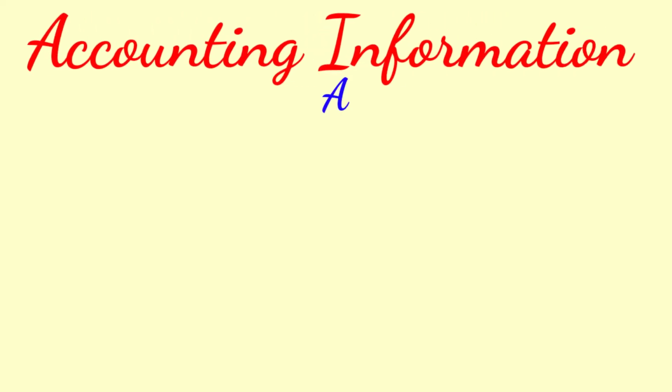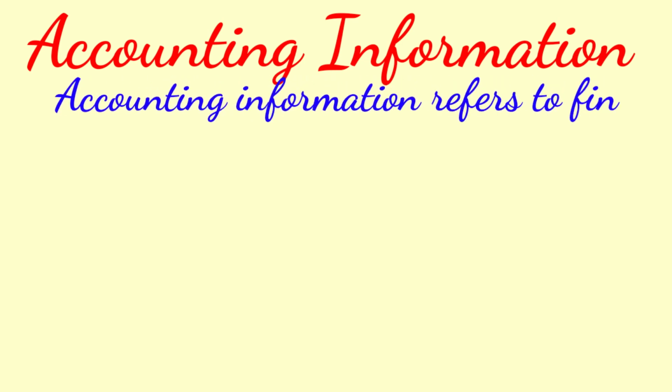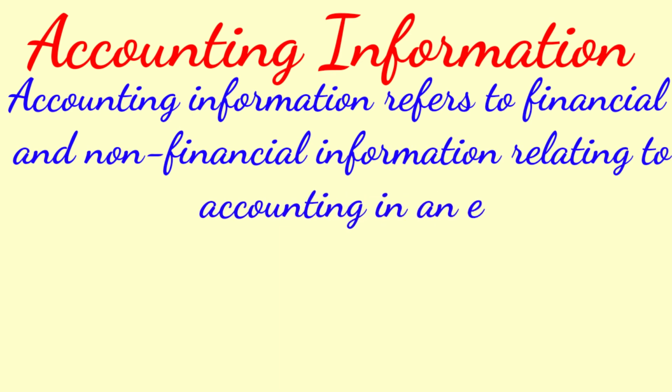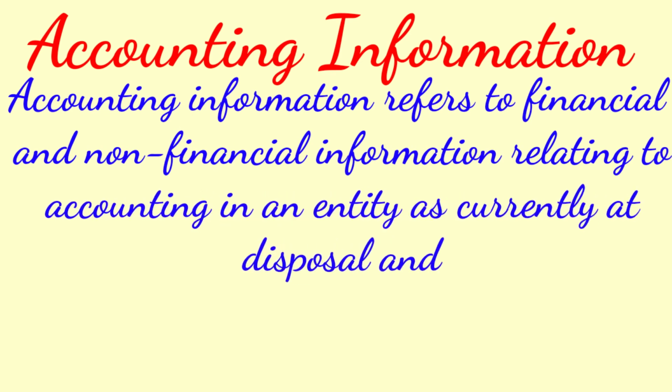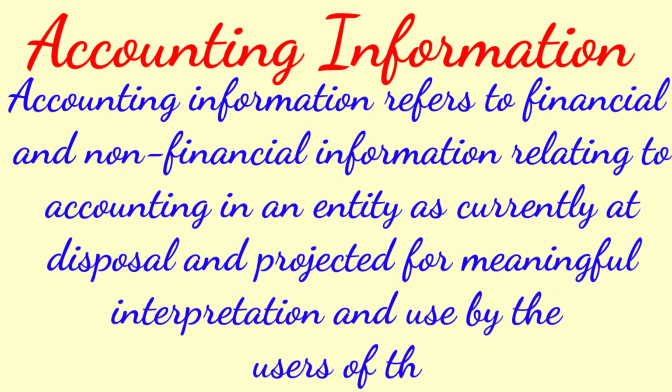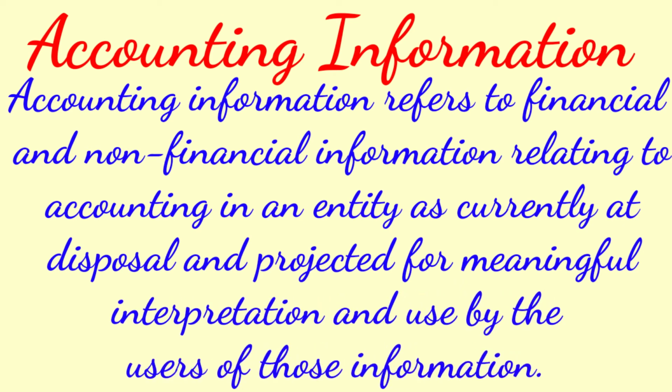Our next topic is accounting information. It refers to financial and non-financial information relating to accounting in an entity as currently at disposal and projected for meaningful interpretation and use by the users of that information. Accounting information not only means the traditional profit and loss account and balance sheet of an entity, but much beyond that.